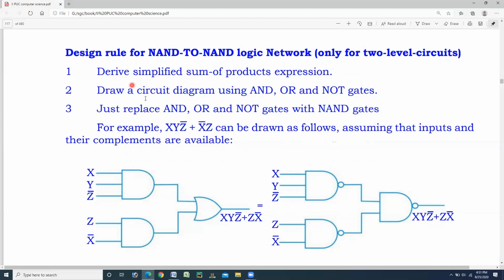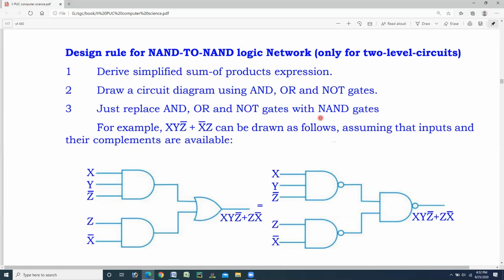Then draw a circuit diagram using basic logic gates, that is AND, OR and NOT gates, for that particular SOP expression. Then just replace the AND and OR gates with NAND gates. That becomes the NAND-to-NAND logic network.